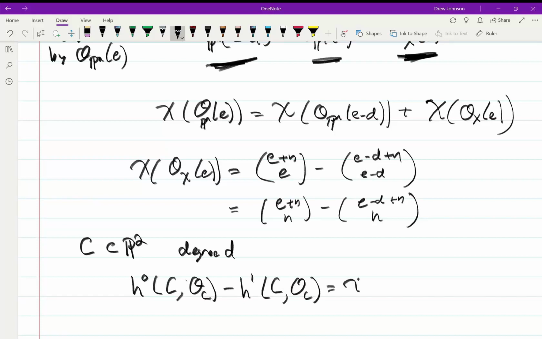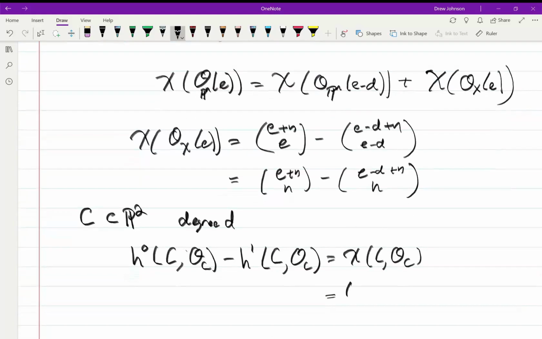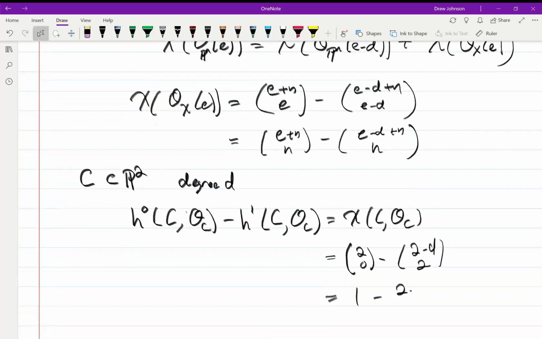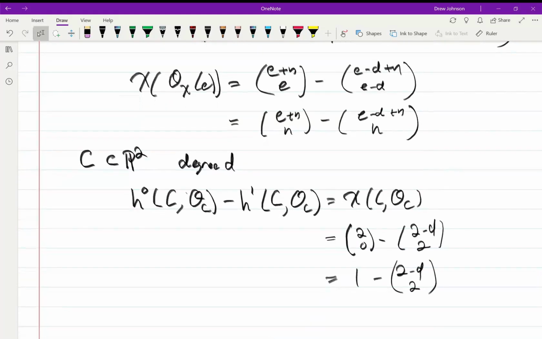This is equal to the Euler characteristic of the structure sheaf, and we know what that is by the formula that we just wrote down up here. It's equal to (2 choose 0) minus (2-d choose 2). Okay, and so that's 1 like this.